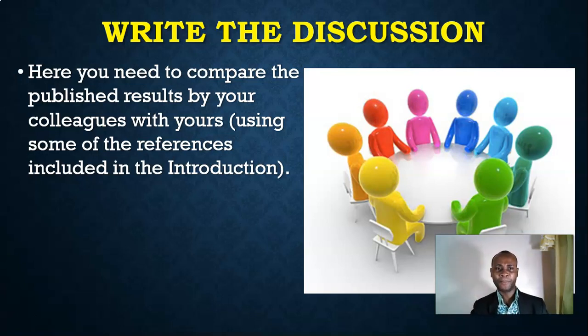For example, I can say that the average mean for population growth was 3.5. This means that 50% of the people agree that population growth is related to economic development.